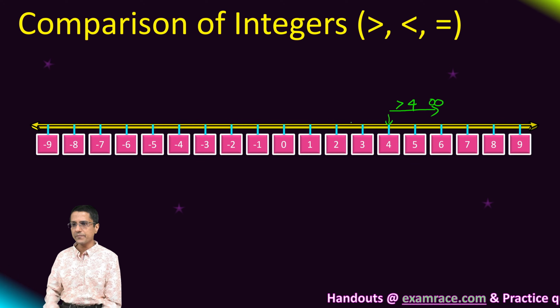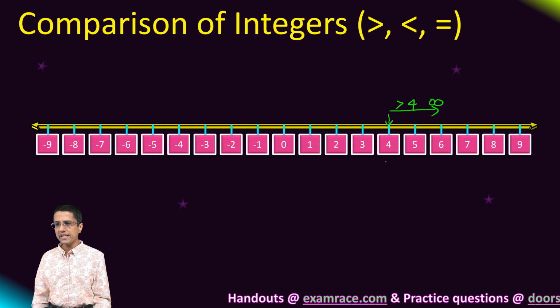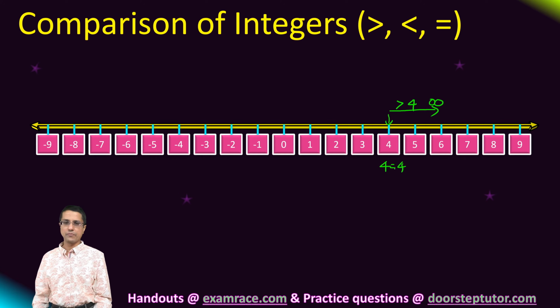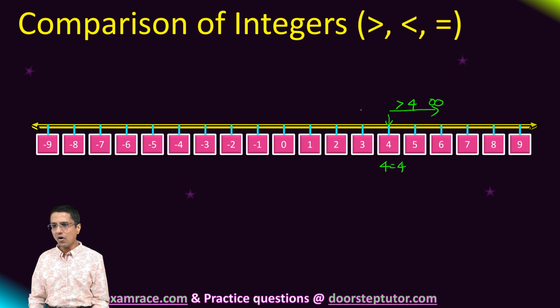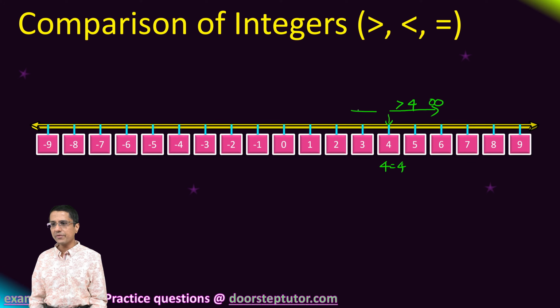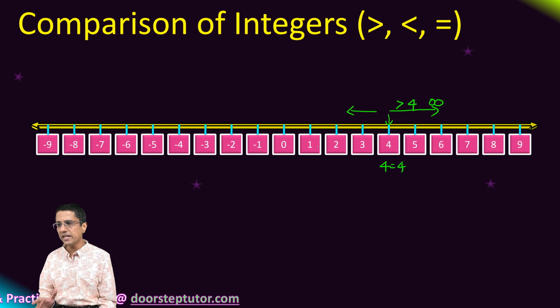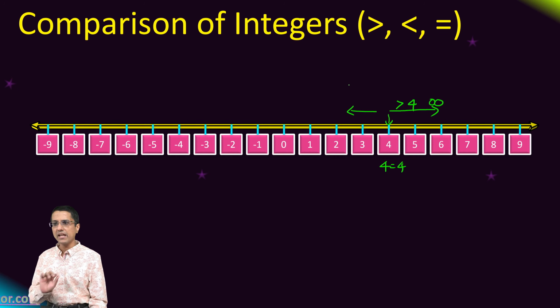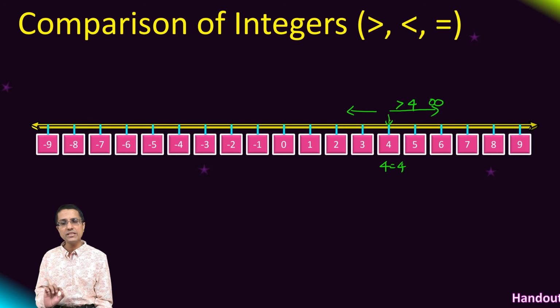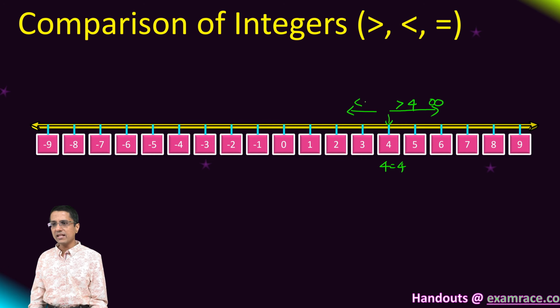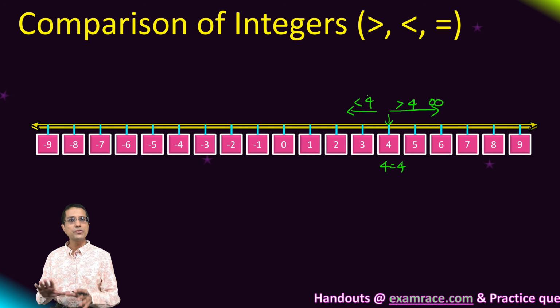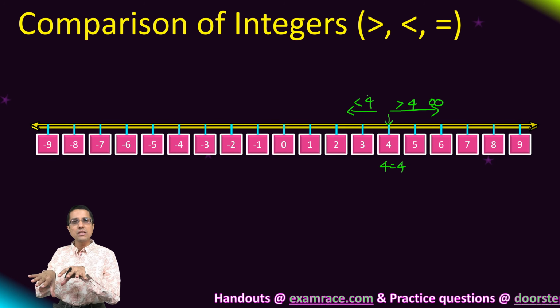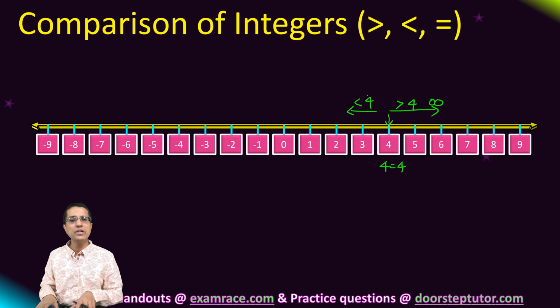That is the first thing. The number 4 is equal to number 4, which is very, very simple. All the numbers to the left of this number 4, 3, 2, 1, 0, -1, -2 till minus infinity, are actually less than the number 4 itself. So that is how the less than, greater than and equal to relation on this number line works.